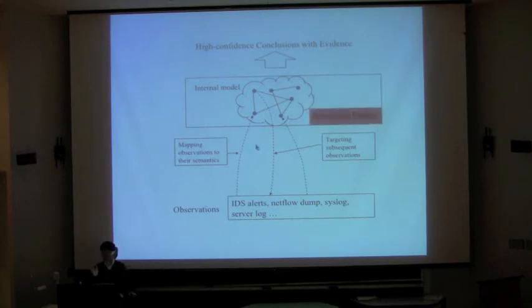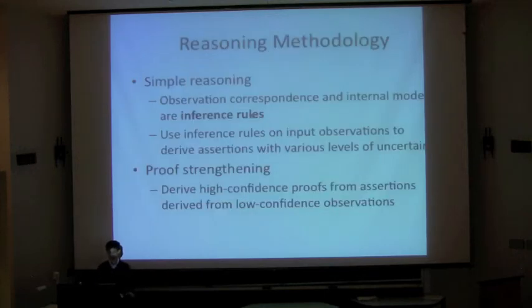Now, the reasoning part. How can you use these maps, alerts, and this relation between those internal conditions to reason about what really has happened on my network? There are two parts of the reasoning. The first part is very simple. It's called simple reasoning. Every rule in the observation correspondence or internal model is just a logical inference rule.